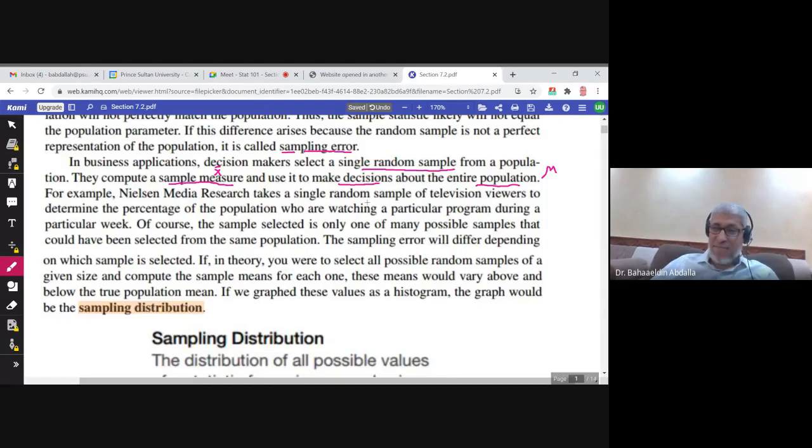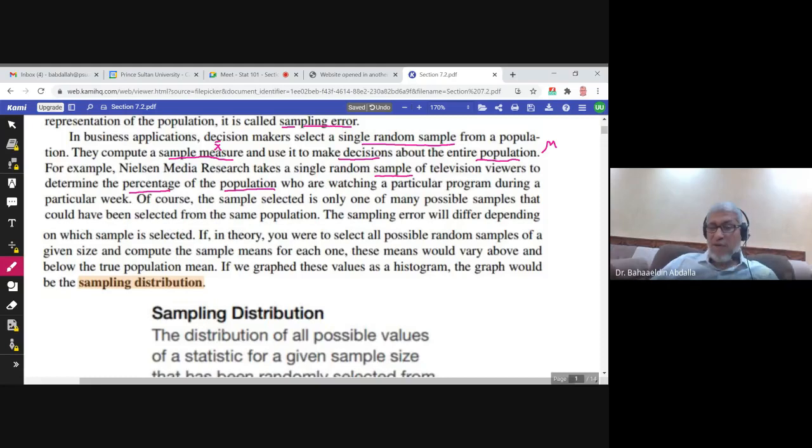So they take a sample and they use the information from this sample, the percentage of the people watching in the sample, to determine the percentage of the population. This is what we call inferential statistics, using information from the sample to determine information about the population.